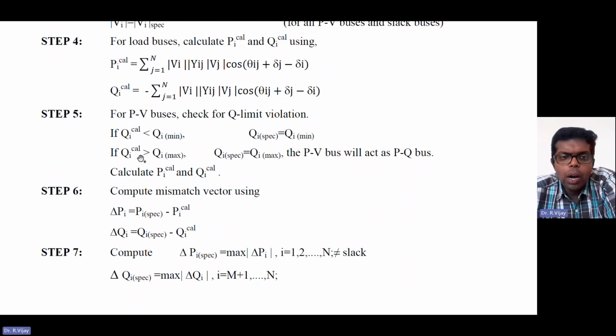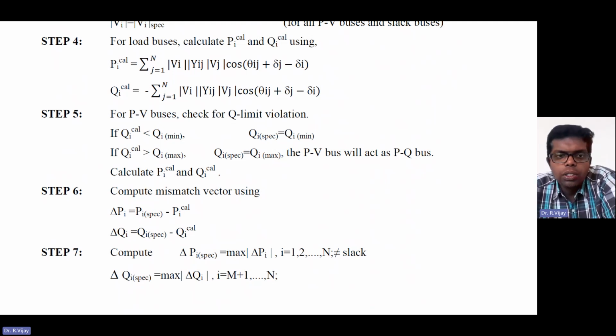If QI calculated is greater than QI maximum, then you need to set QI specified equal to QI maximum. The PV buses will act as PQ buses.